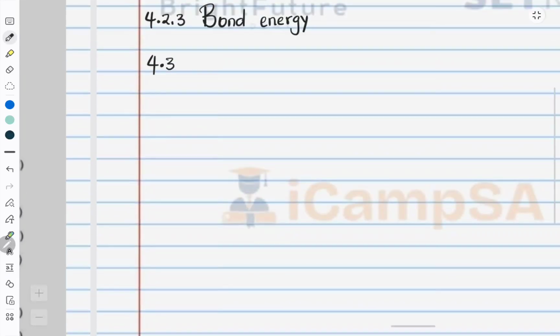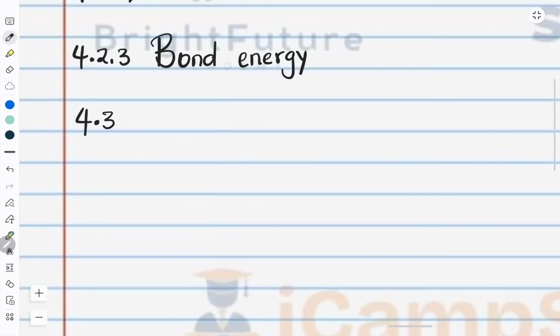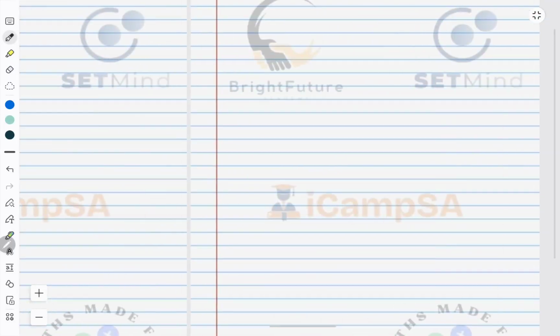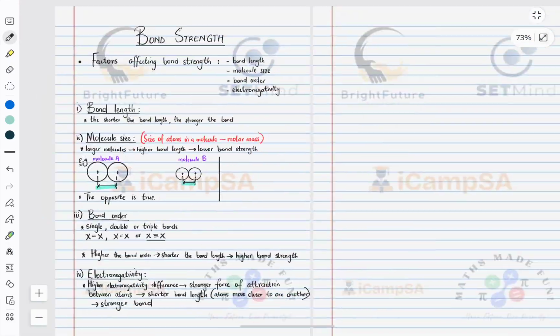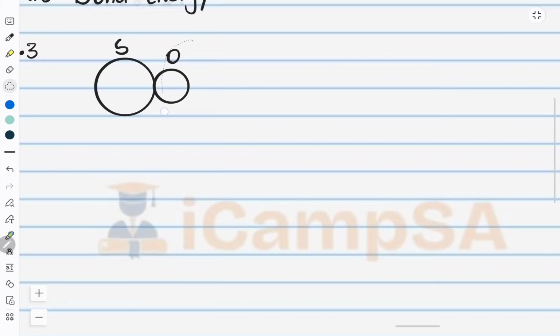If I were to draw it, it would be a similar situation to this one. They are both bonding to oxygen, right? We can imagine something like this. Compared to oxygen, sulfur is a bit bigger. Say this is oxygen, this is sulfur, and we'll use the same size for oxygen.